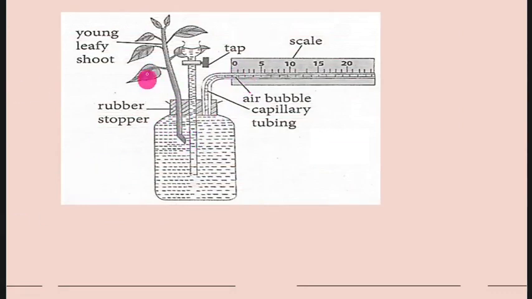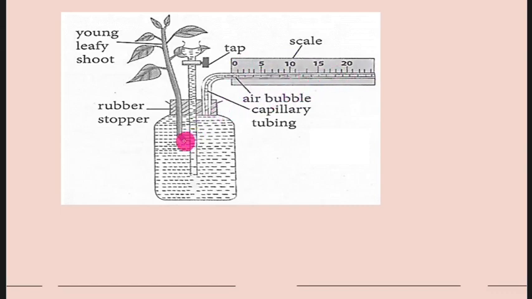Here they get a young leafy shoot and put it in this water here, then it is sealed nicely here. Then they get a potometer here which contains a capillary tube, capillary tubing here, then there's a measuring meter here, or a scale.